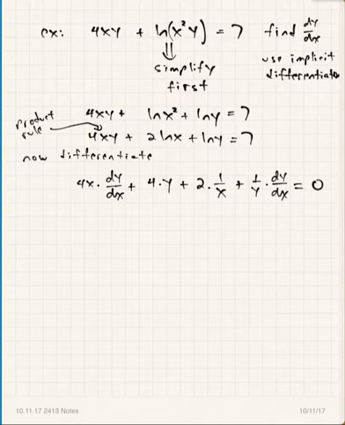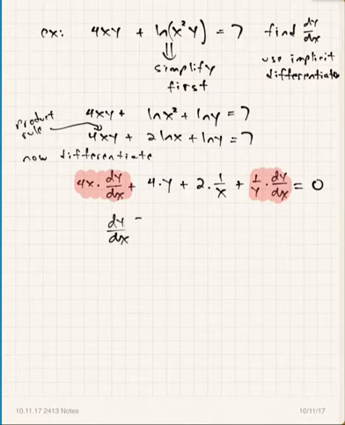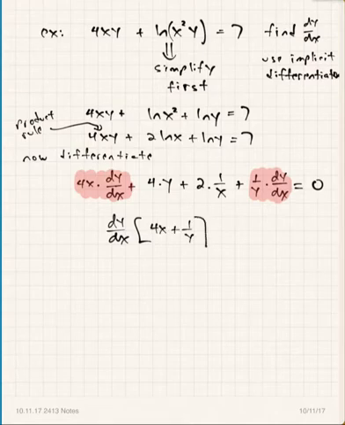All right, so you end up with 2 dy dx terms and 2 terms that are not dy dx terms. So the 2 dy dx terms, this term here and this term here, I'm going to keep those on the left side of the equation and factor the dy dx out of those 2 terms. So it'd be dy dx times 4x plus 1 over y, like that, equals, and I'd move the other 2 terms to the other side of the equation.